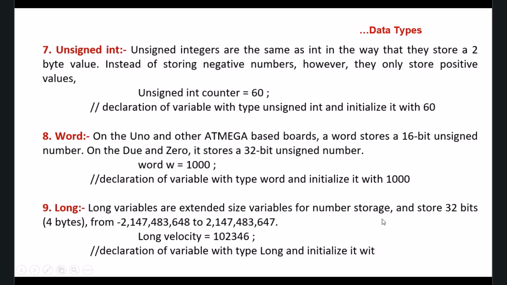The next data type, long. Long variables are extended size variables for number storage, and it stores 32 bits. It can store a huge amount of data, with a range as shown on the screen.